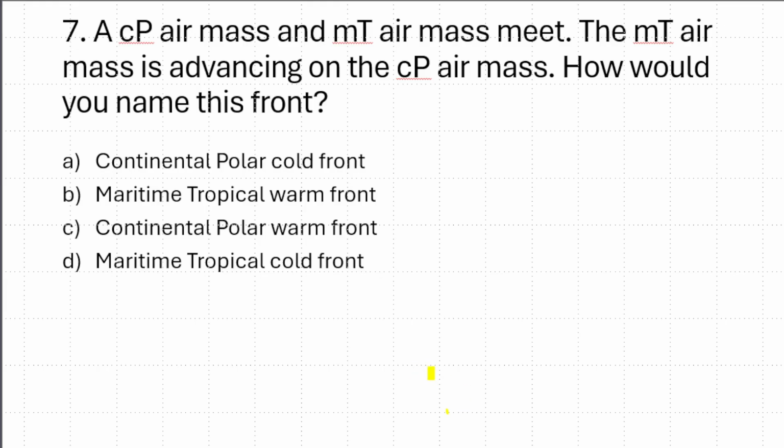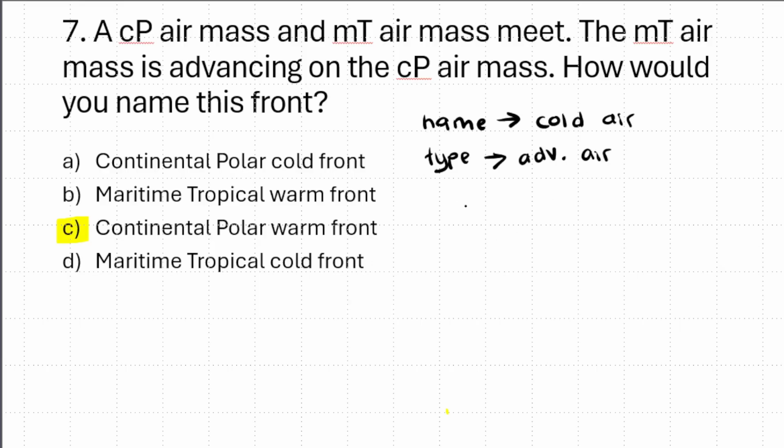Okay, so the answer for this question is going to be C, continental polar warm front. If you remember from the last slide we just did, what did we say the name is derived from? We said it's derived from the cold air mass, right? Whereas we said the type was derived from the advancing air mass.